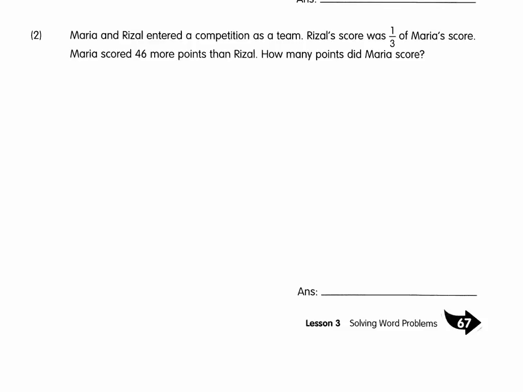Okay, so now what is the difference in their score in terms of units, Adriana? So we know the difference is 2 units, and we know that Mari scored 46 more points than Rizal. So 2 units equals to 46, right? Correct? So 1 unit equals to 23.